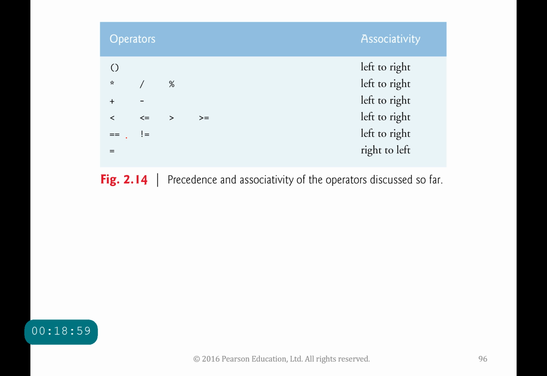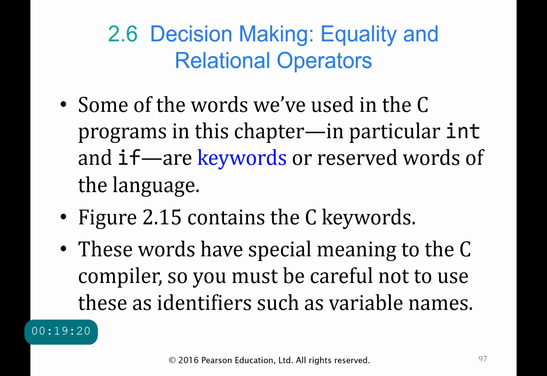So these will be evaluated after the arithmetic operators and the relational operators, and then at the very end you have the assignment operator. So the assignment operator will be evaluated at the very end. So just keep that in mind. This is fairly useful information.